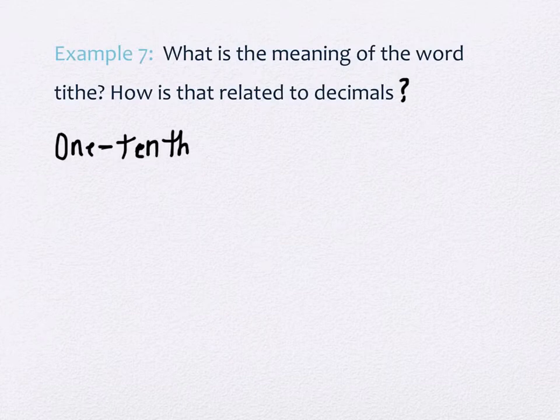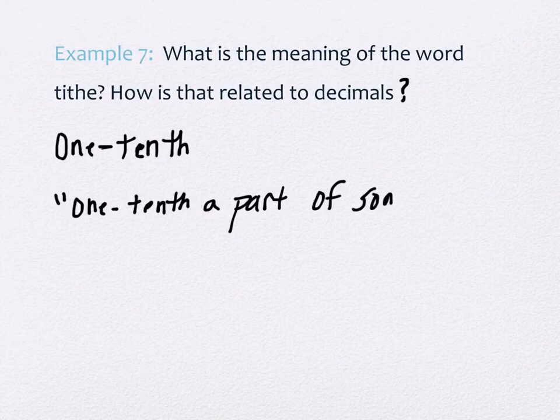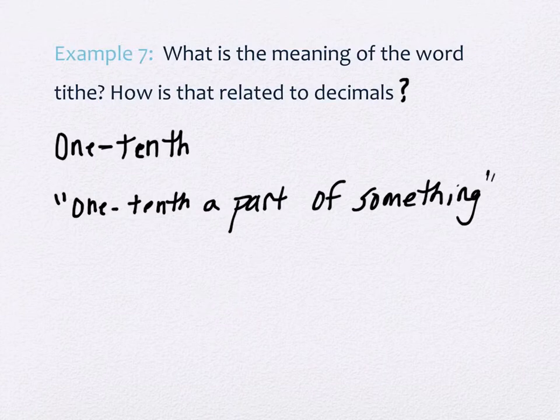1/10. Now, if you look it up in a dictionary or something like that, it might say something like, 1/10 a part of something. Now, in evangelical Christian faith, we use it for our income, right?